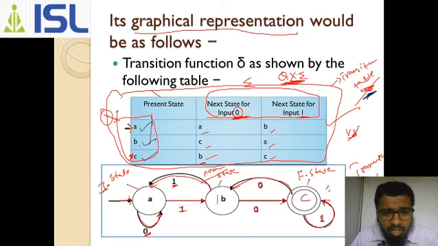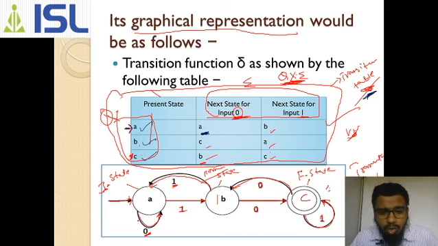Okay, how? Just quickly I will tell you. This is the initial state, A. How many Q's are there? A, B and C. And how many sigma are there? 0 and 1. So let's see. A is going to A when the input is 0.